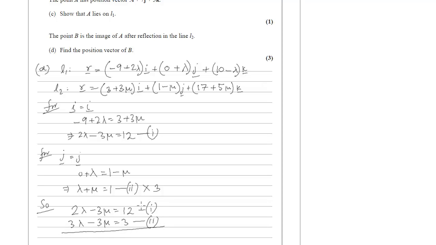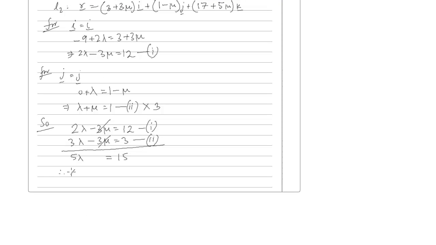Now if I add them, this thing and this thing cancel off. 2 lambda plus 3 lambda is 5 lambda equals 12 plus 3, which is 15. So therefore lambda equals 3. So that is the value of lambda.